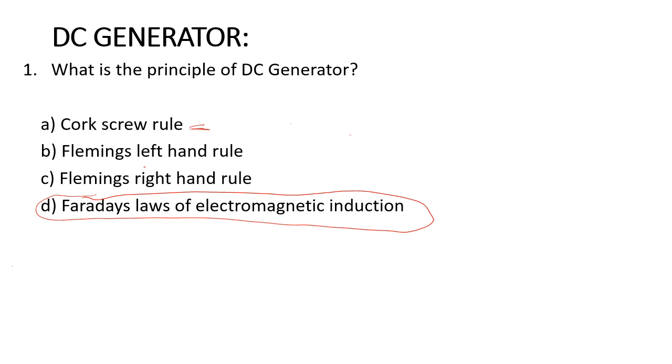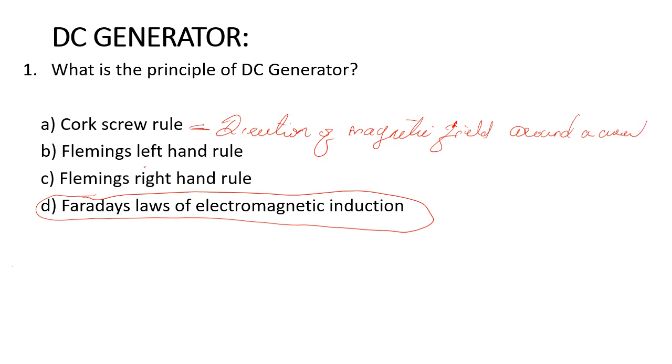So simply we can say that the corkscrew rule is used to find the direction of magnetic field around a current carrying conductor.